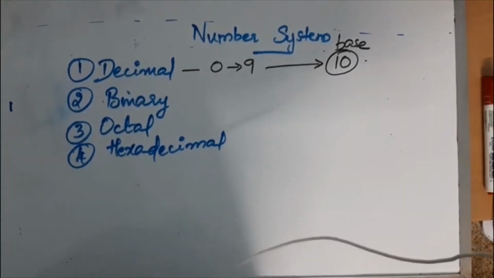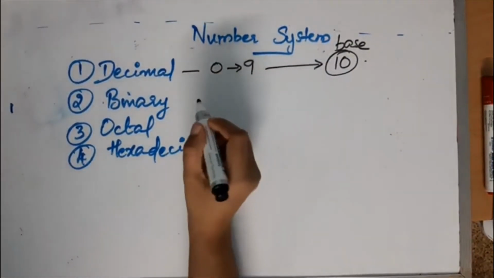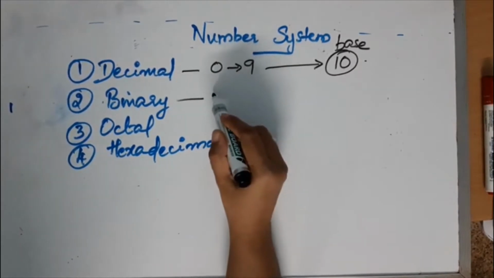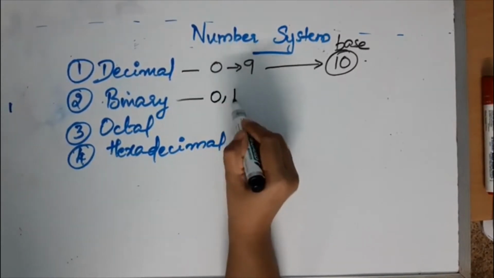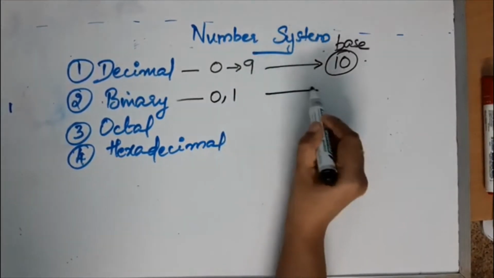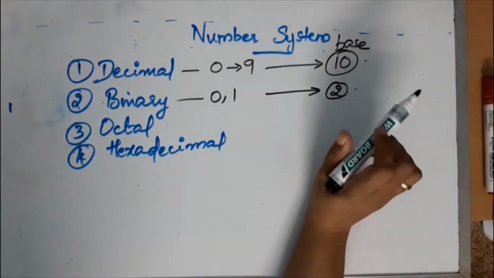decimal has a base 10. Next is binary. In binary, we deal with 0 and 1, only two numbers. So it deals with just two numbers, so it has a base of 2.